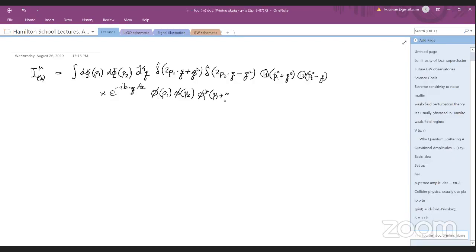So we have, you can see, that the overlap of these wave functions is disturbed by this momentum transfer.